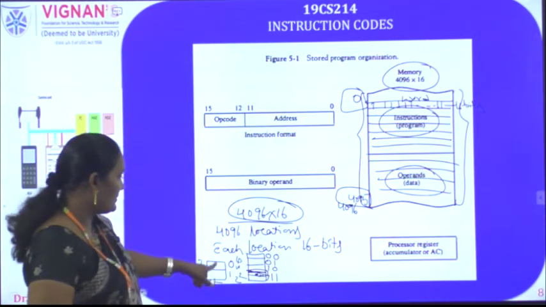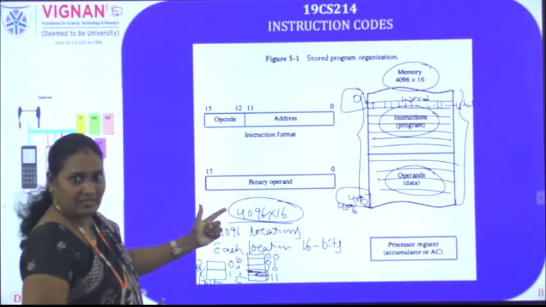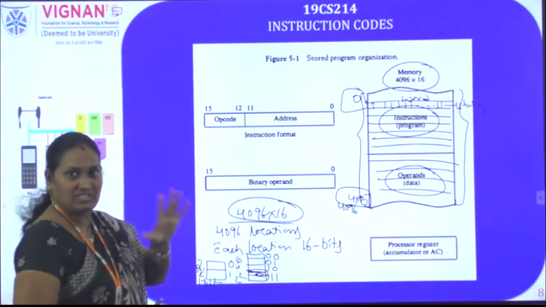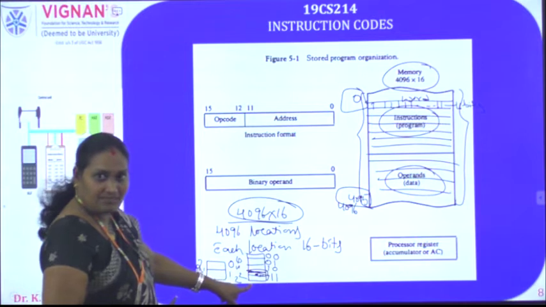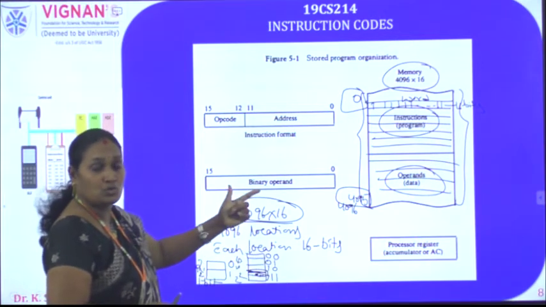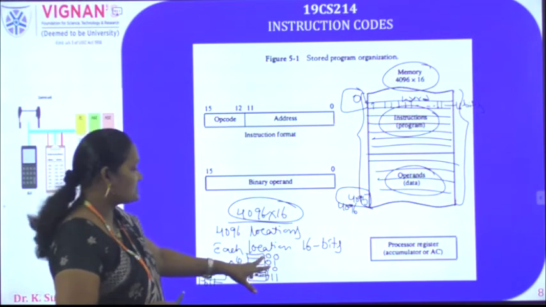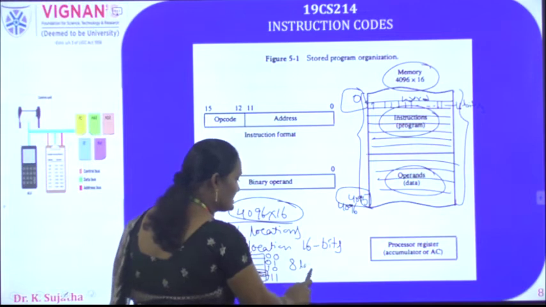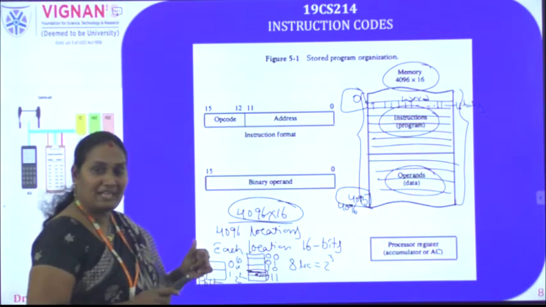If your memory contains 2 locations, since 2 is 2 power 1, I need 1 bit for the address of each location. If your memory contains 4 locations, 4 is equal to 2 power 2, so we need 2 bits. If your memory contains 8 locations, that is 2 power 3 locations, how many bits do you need?